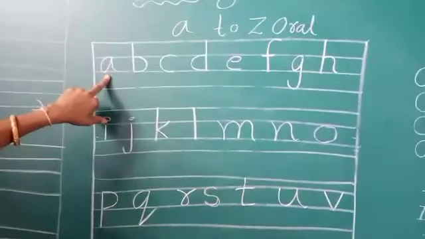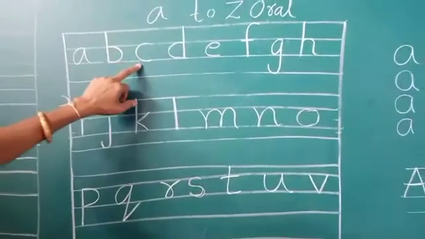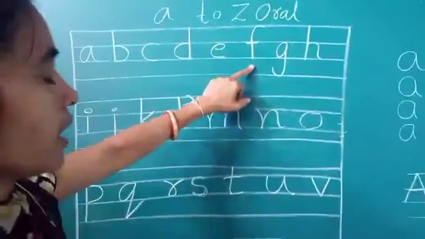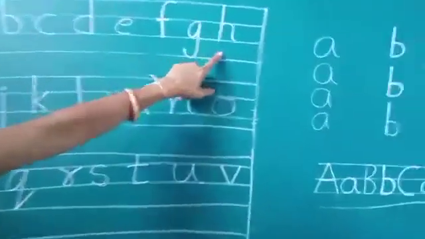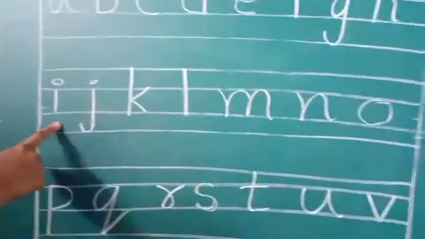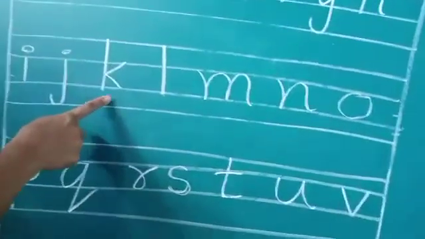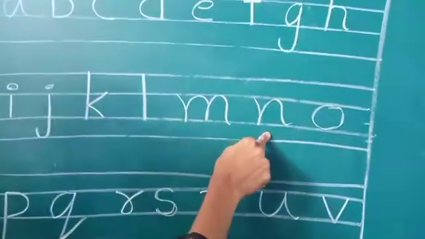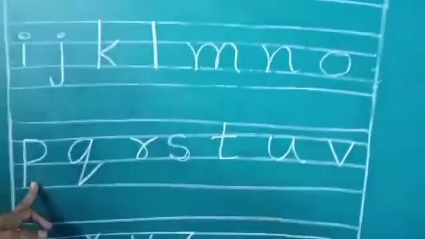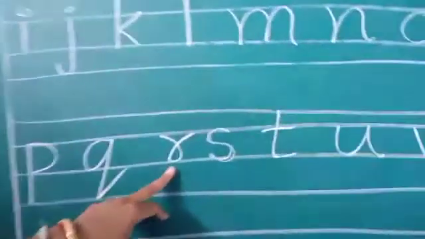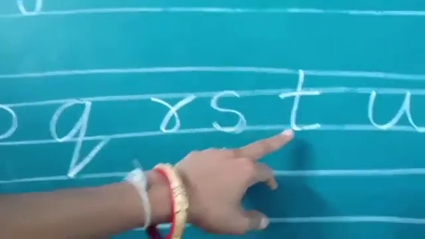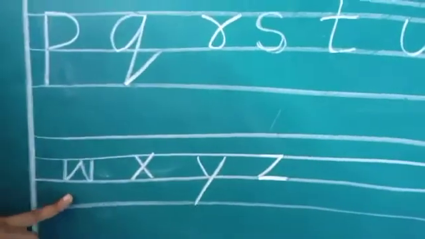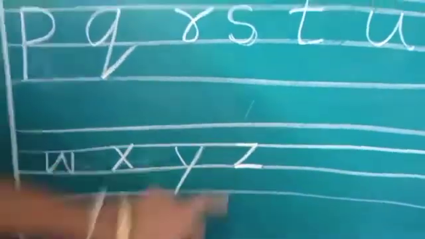Small a, small b, small c, small d, small e, small f, small g, small h, small i, small j, small k, small l, small m, small n, small o, small p, small q, small r, small s, small t, small u, small v, small w, small x, small y, small z.